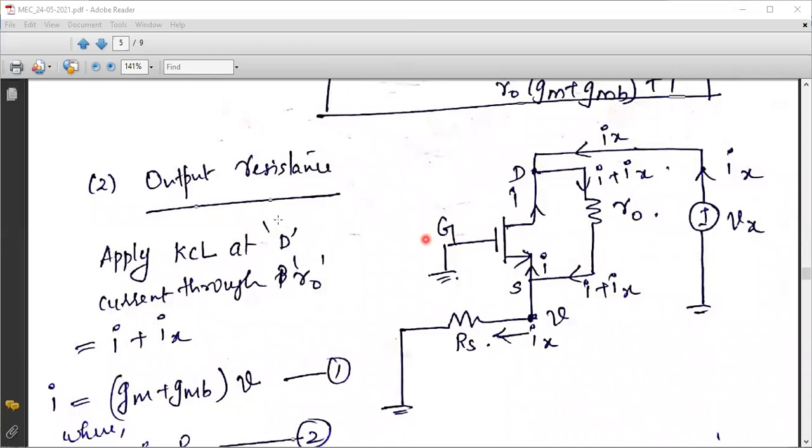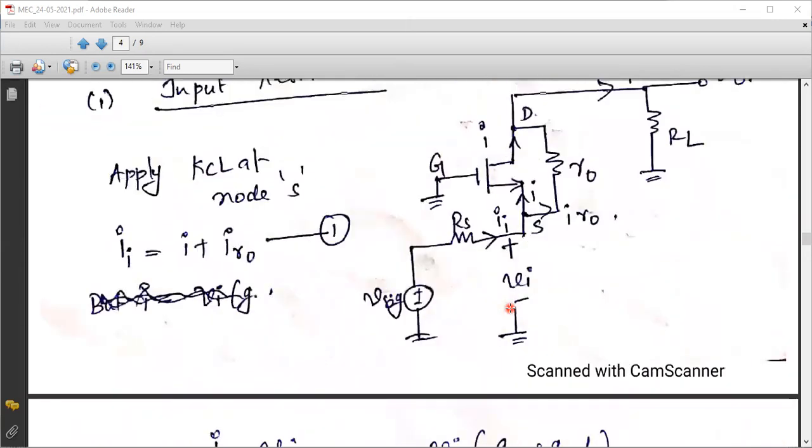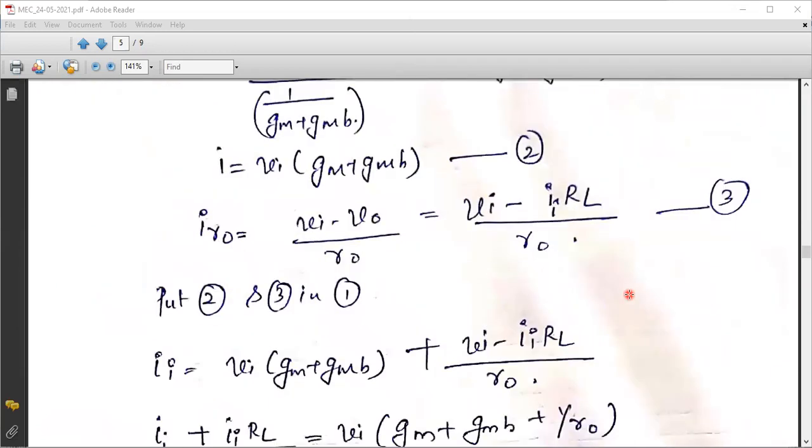So this circuit diagram is used to compute the output resistance of a common gate amplifier. So what is the difference that you are observing in this diagram? When you compare with your previous diagram, what is the difference that you are seeing?